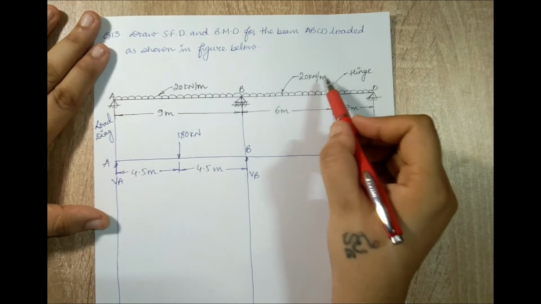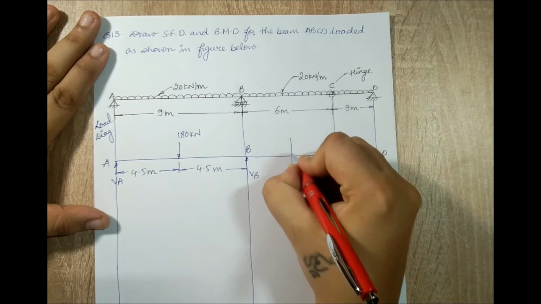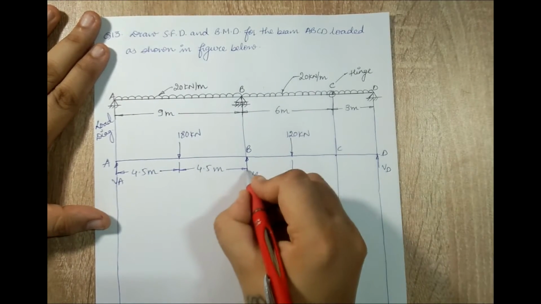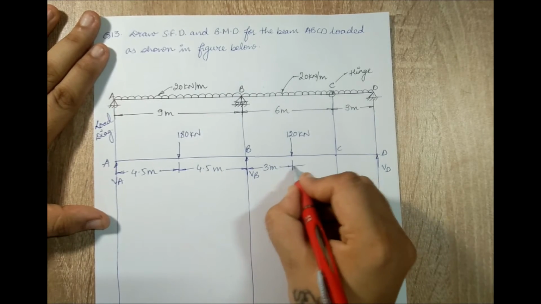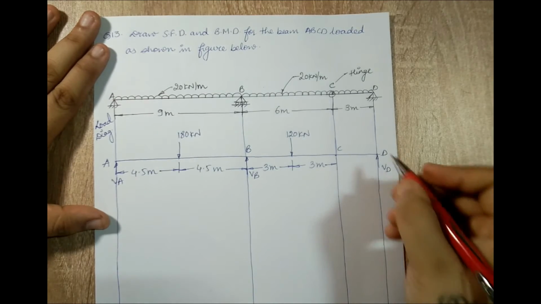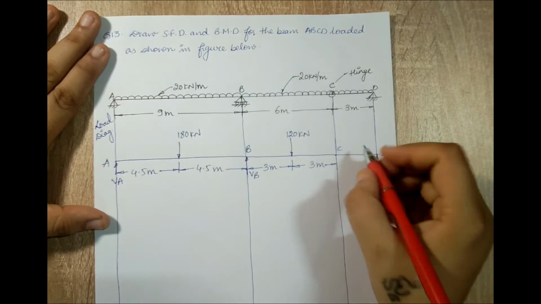Next, I have 20 kilonewton per meter over a distance of 6 meter. So, this will be 120 kilonewton. And the distance will be 3 meter. Here it is also 20 kilonewton per meter over a distance of 3 meter.